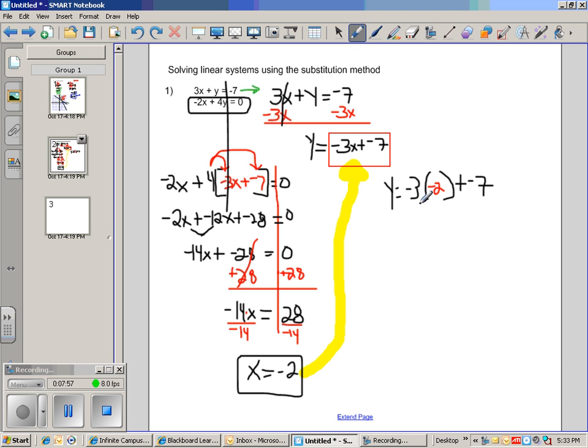So, solving, we've got y equals negative 3 times negative 2 is a positive 6, plus negative 7 drops down. Now we just are going to add 6 plus negative 7 is negative 1. And we found y. Notice we have x by itself and we have y. To finish, we have our solution.